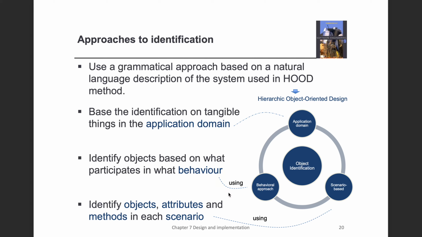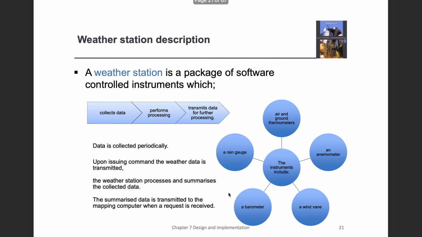With the scenario-based approach, you identify the objects, attributes and methods in each scenario. That will help you identify the objects in a particular system that needs to be designed.